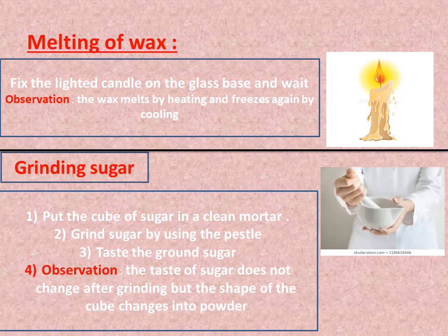Melting wax. To show that melting of wax is a physical change, we need a glass base and a lighted candle. We fix the lighted candle on the glass base and wait. We notice that the wax melts by heating.